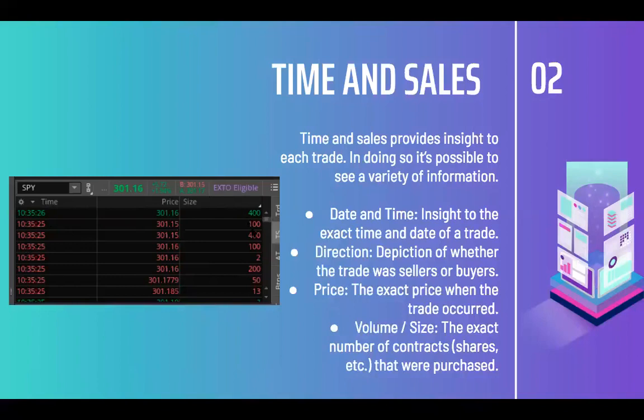You want to be watching your charts, but simultaneously seeing what orders are being filled, because a lot of times you're going to have market makers playing around with price levels, and so you want to actually see orders being filled on the bid, and this allows us to see the exact millisecond that an order is placed, that it is actually filled, and where you have people that are selling.